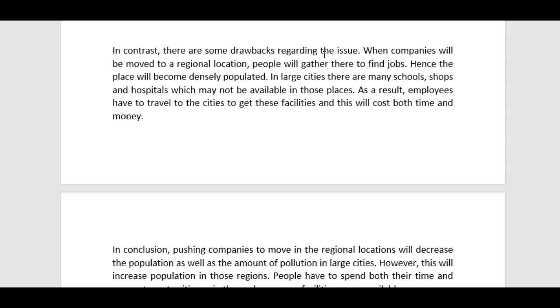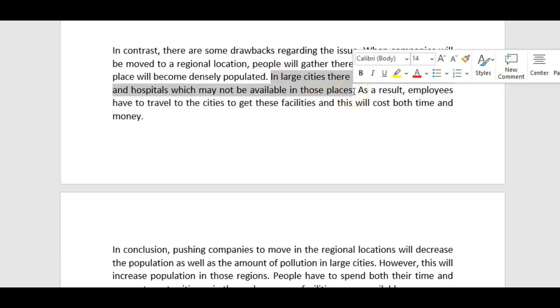So, for example, the word you were looking for maybe was infrastructure. So it's not just that you said they may not be available in those areas. Rather than saying this, which is using some pretty elementary vocabulary, you could have changed it.